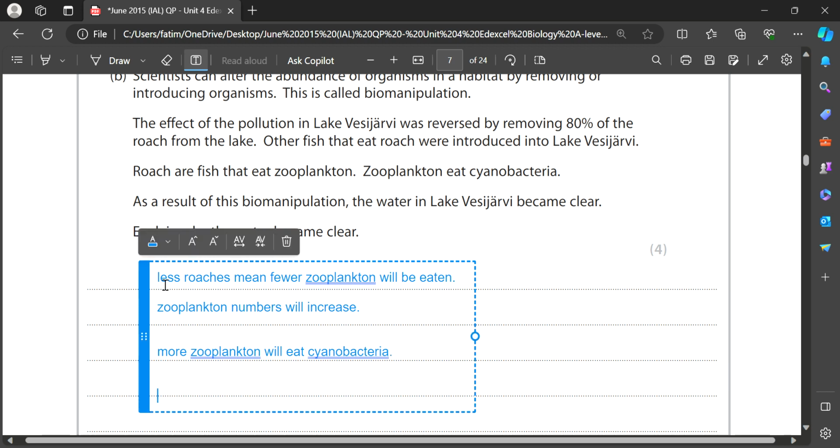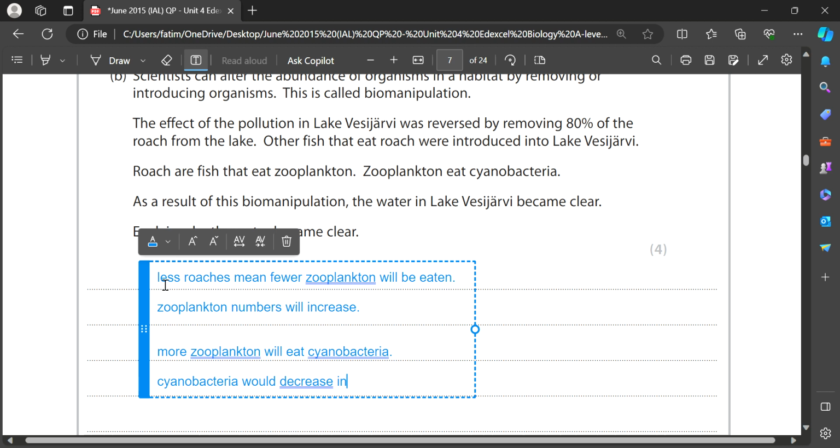So cyanobacteria would decrease in number, and then water will become clearer. This was a very straightforward question. And that's our 4 marks.